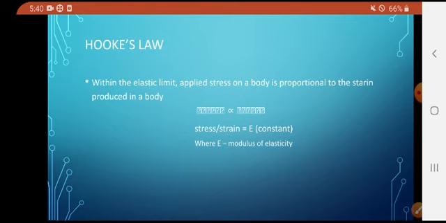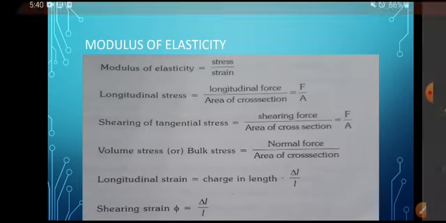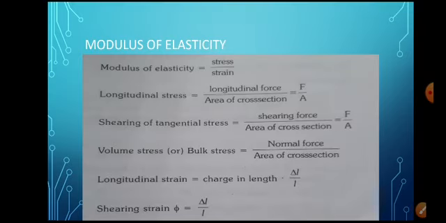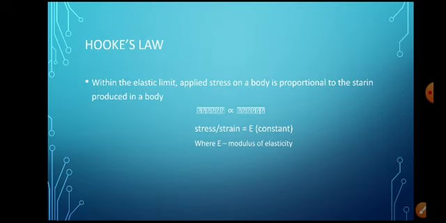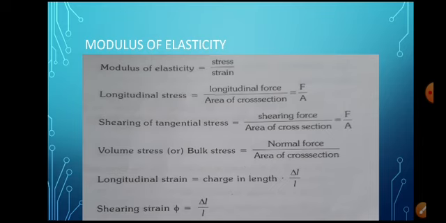This E value is defined in three types: one is Young's modulus, another is bulk modulus, and the third is rigidity modulus. So modulus of elasticity equals stress by strain.